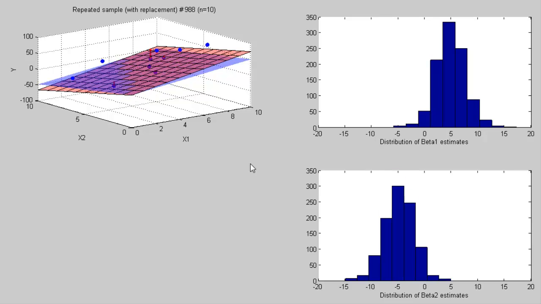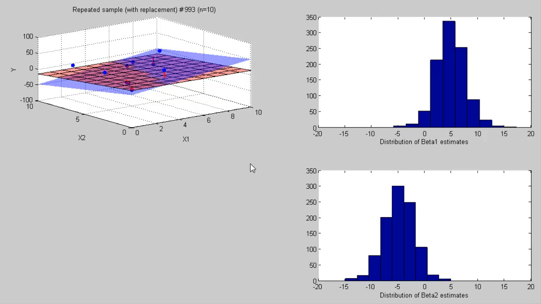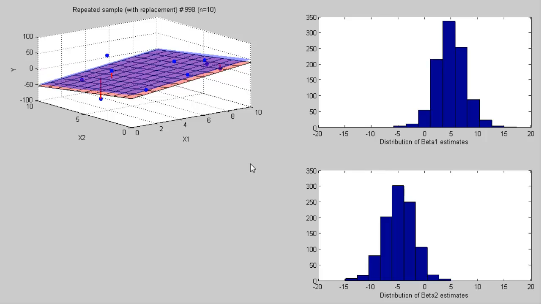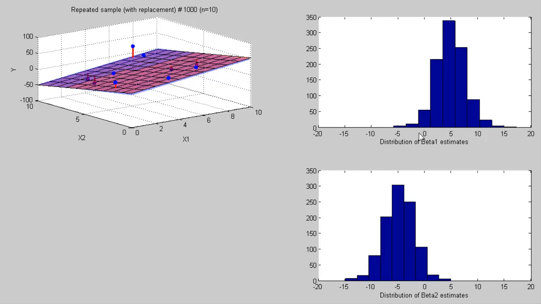And so what we can see here is that after 1,000 samples, we can see the distribution of all of the estimates of beta 1 that we got from each of the 1,000 samples. And down here we can see the distribution of all the beta 2 estimates that we got from each of the samples. So each of these histograms contains 1,000 estimates of the beta 1 and beta 2.